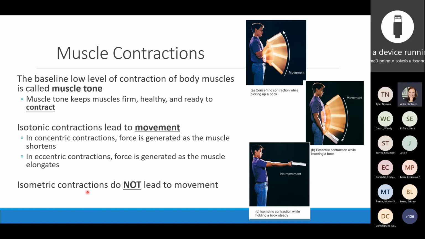A muscle is staying contracted, but it's not getting shorter or longer in this process of contraction. So if we're not moving, if we're holding steady, isometric. If we are moving, we have to look at which direction we're moving. We'll do a couple questions in a moment, but I'll mention we need to be able to explain what happens in concentric and eccentric contractions, how they're different.